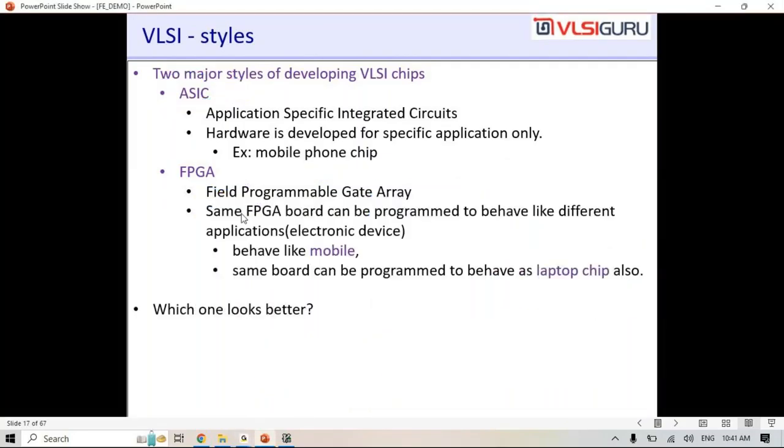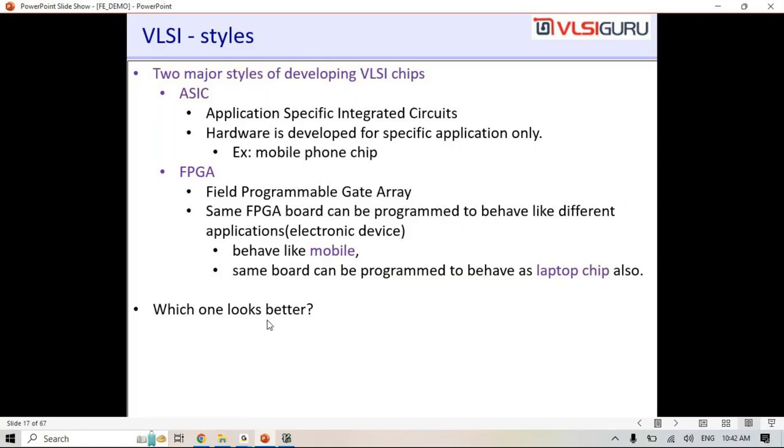So in FPGA, same FPGA board can be programmed to behave like different applications. The same FPGA board can behave like a mobile phone. Same board can be programmed like a laptop chip. Tell me which one looks better initially to start with. Forget whatever I said earlier.